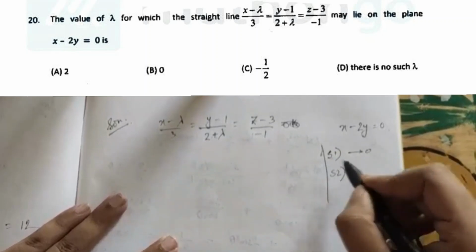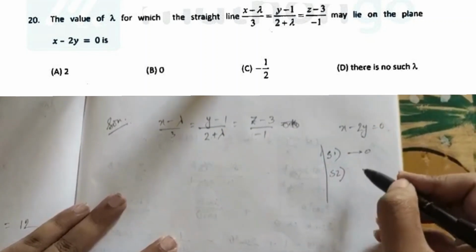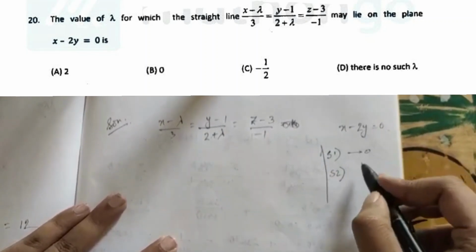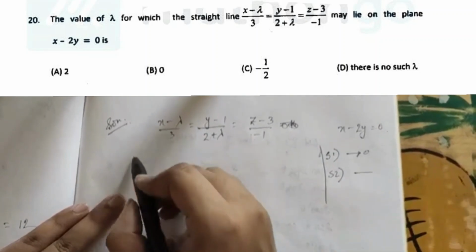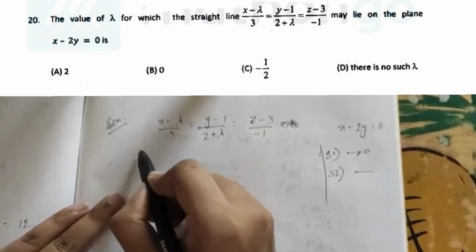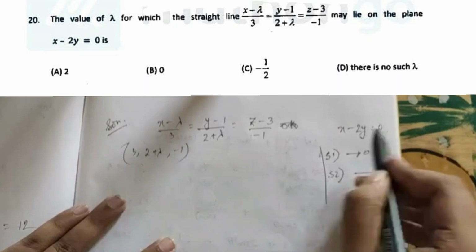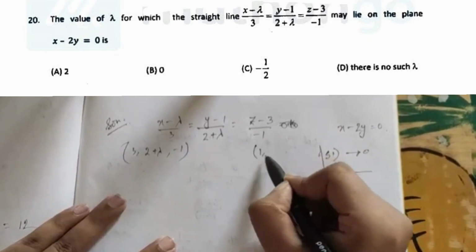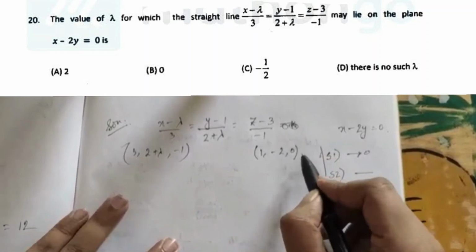In step 2, take the point through which the straight line is passing, put it in the plane, and see whether it is satisfied or not. For step 1, the direction ratio of the straight line is 3, 2 plus lambda and minus 1, and the direction ratio of the plane is 1, minus 2, 0.